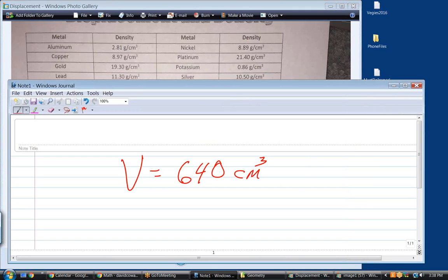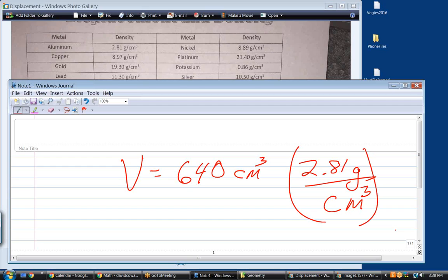And if we go back to our other page, this is aluminum, which has a density of 2.81 grams per cubic centimeter. So the total weight needs to be in grams. One thing you always want to pay attention to with these kinds of problems is your units.